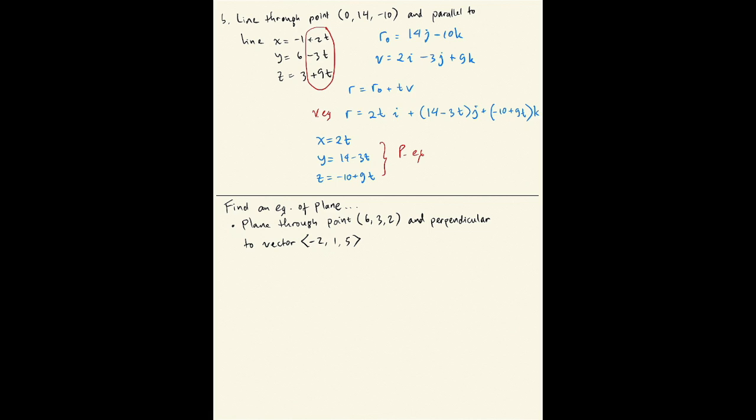So let me write the perpendicular vector as the normal vector to the plane. 6, 3, 2 is the initial point. From the normal vector, we get A is -2, B is 1.